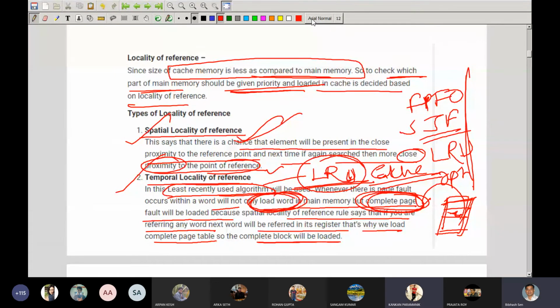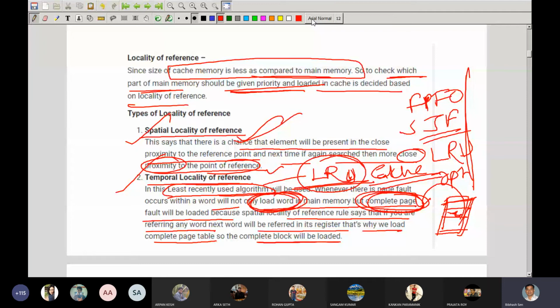If it is present in a nearby location, then there is a chance. Why do you load the entire page, and not half a page or part of a page? Only for that purpose: we assume that in the page you are now accessing a part, and there is a chance that nearby data will be accessed too. But sometimes only that part of the content was used, and again an entire page has to be loaded from another location.